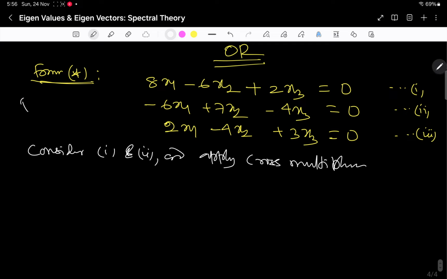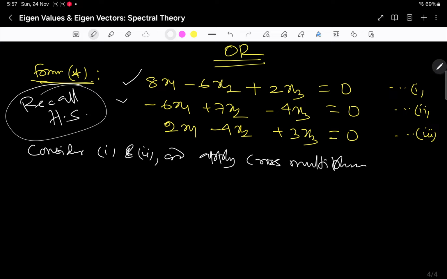You recall the cross multiplication, recall your higher secondary knowledge, right? Here what will we do? You see carefully here, I am considering these two, so it is x1 divided by the remaining 2 rows. I will consider the determinant of minus 6, 7 and minus 4.